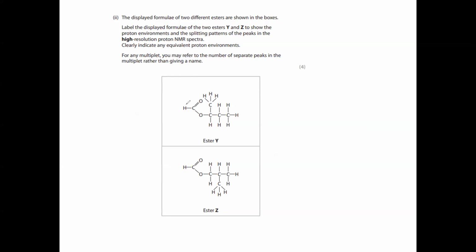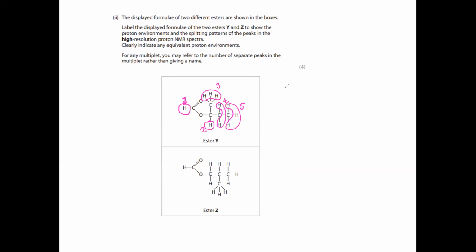Okay, let's take this one, ester Y. In high resolution proton NMR, the number of peaks means the types of hydrogen. This is the first type of hydrogen, this is the second type, this is the third type, this is the fourth type, and this is the fifth type. So you have 5 types of hydrogen there.